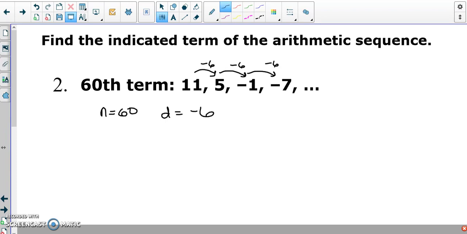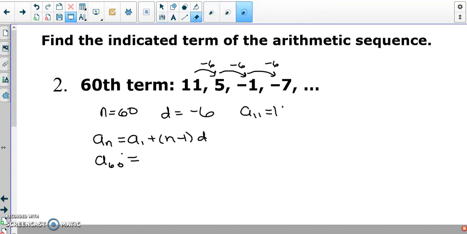All right, now let's write our formula. A sub n equals a sub 1 plus n minus 1 times d. And just substitute in. So this becomes a sub 60. A sub 1, we'll go ahead and list that. That is my first term.